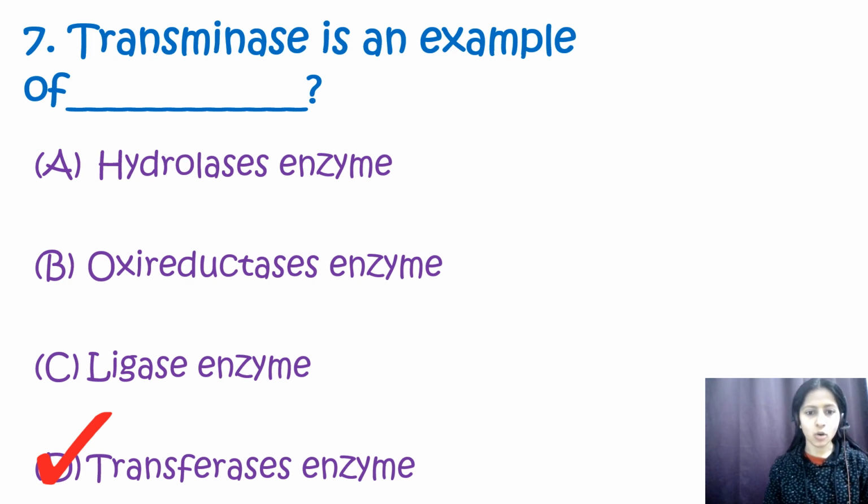Option B, oxidoreductase enzyme, is a type of enzyme that catalyzes the transfer of electrons from one molecule to another. And ligase enzyme is an enzyme that catalyzes the joining. Actually, it helps in joining two molecules to form a new chemical bond. So here the correct answer is option D, that is transferase enzyme.